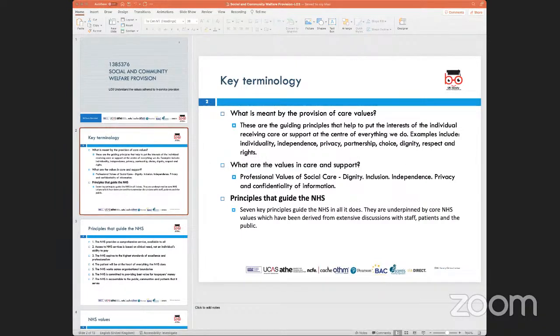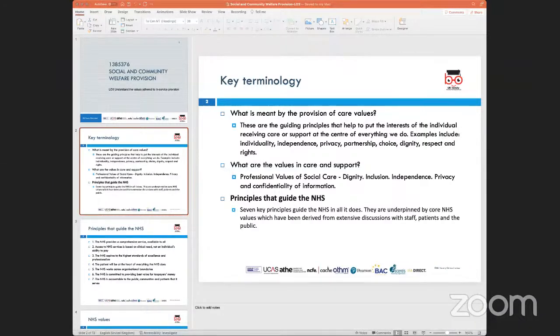Now, the other thing that we want to understand is what are the key values that we need to look at. For example, when we talk about health and social care provision, we talk about the person-centered approach, the 6 C's of care, and integrated care being provided to members of the public or patients receiving treatment within inpatient or outpatient, so within hospitals and outside hospitals.